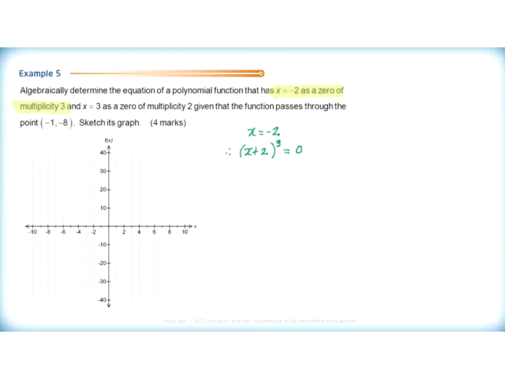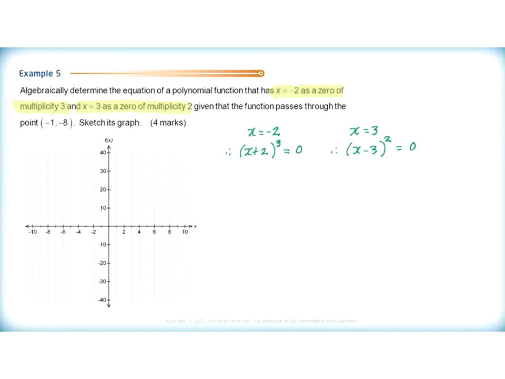Similarly, we are told that x equals 3 is a 0 of multiplicity 2. So because of that, we know that x equals 3 will have a factor, x minus 3, raised to the power of 2, because it has a multiplicity of 2.